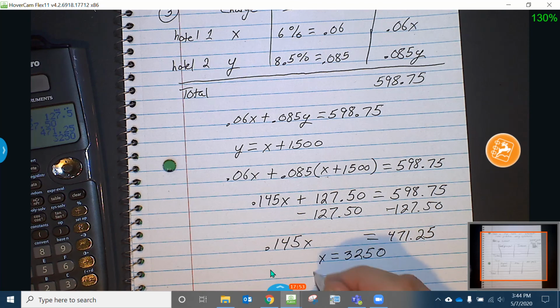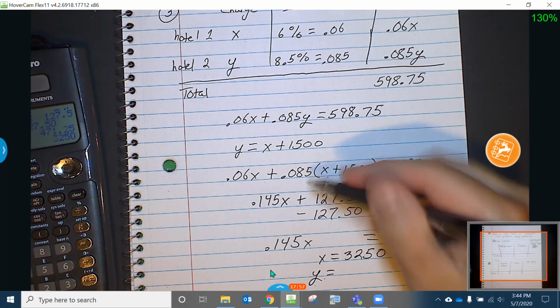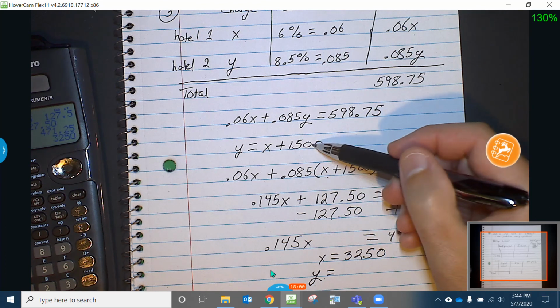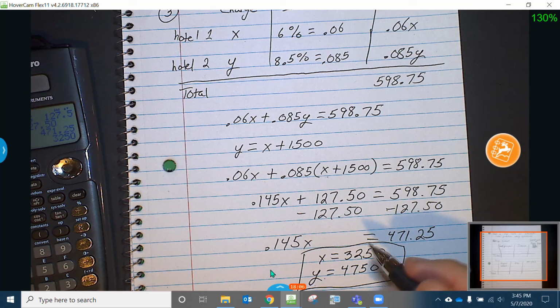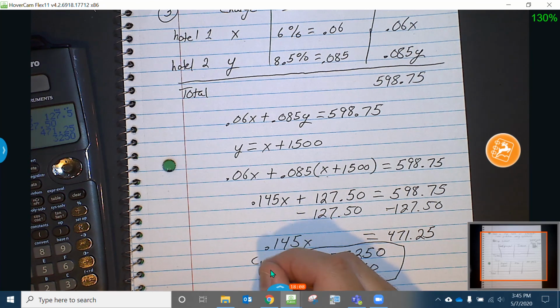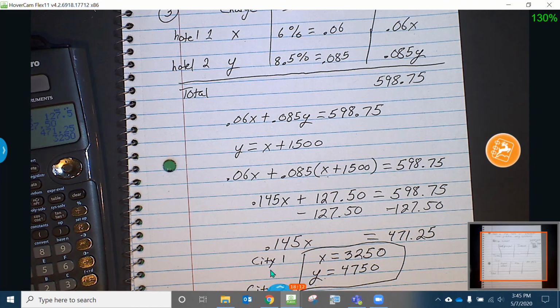And then we know y was $1,500 more, so we get 3,250 plus 1,500 is 4,750. So those are the costs of the two hotels. So this is hotel at City 1, hotel at City 2.